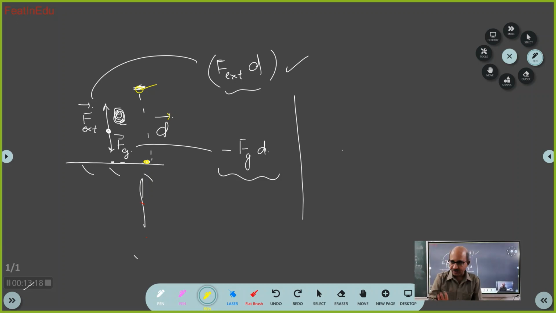It accelerated downwards. Correct? It has something more than that. For example, if this duster is on my head, no problem. But if the duster is moving and my head comes in between, you know what happens.